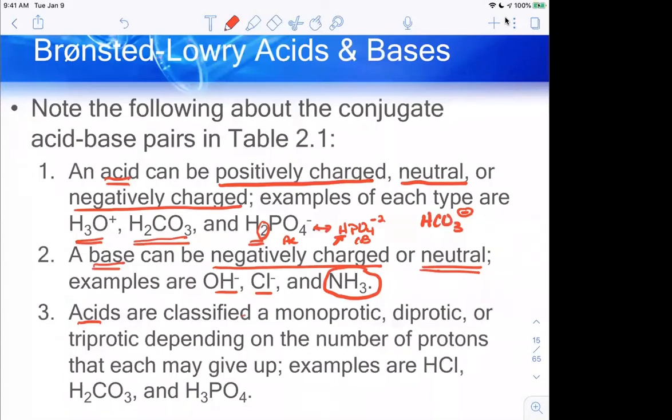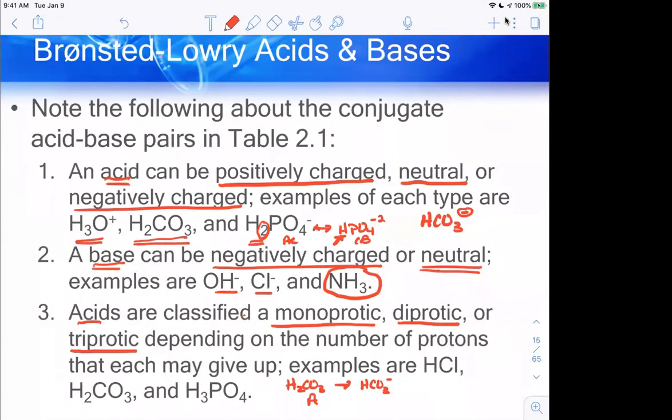Acids can also be classified as monoprotic, 1 proton to transfer, diprotic, 2 protons to transfer, or triprotic, 3 protons to transfer. I'm going to do this sequentially. Like my H2CO3 is going to go to HCO3-.